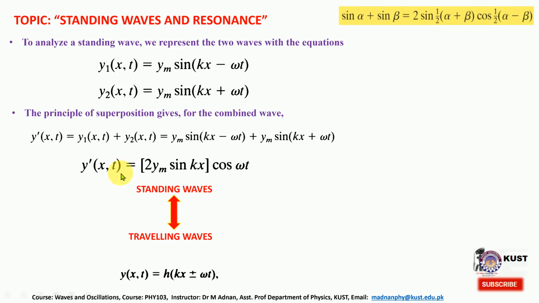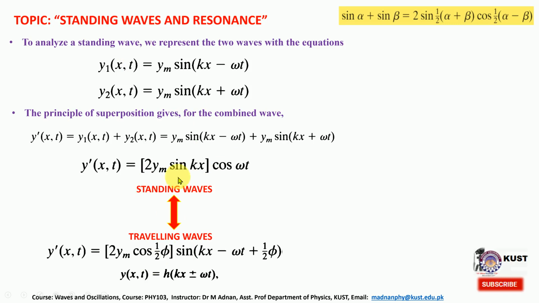Now this solution is not of this kind. Last time we discussed the outcome of two sinusoidal traveling waves moving in the same direction. In that situation we get a traveling wave solution, but once the waves are traveling in opposite directions we get a standing wave solution.